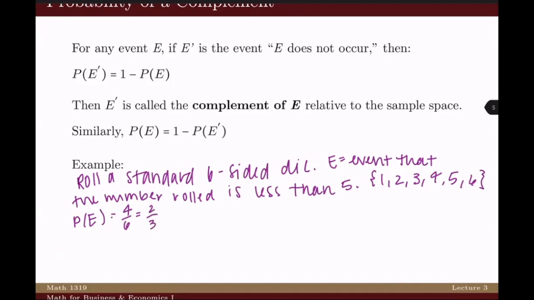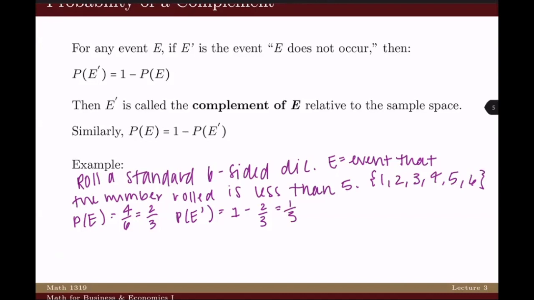So then, according to our formula, P of E complement should be 1 minus 2/3, which is equal to 1/3.